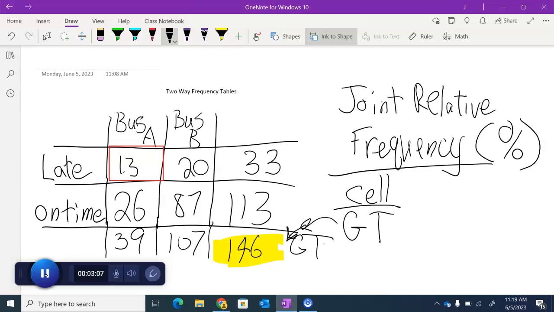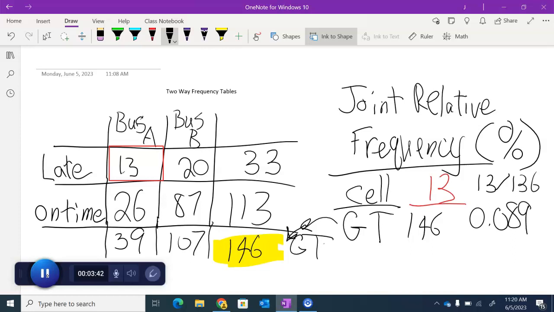So if we want to know how often bus A was late, we would have our 13 over our 146. If you type that into the calculator, 13 divided by 146, we would get 0.089.